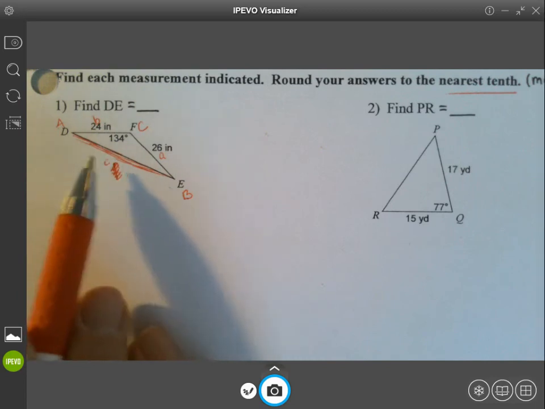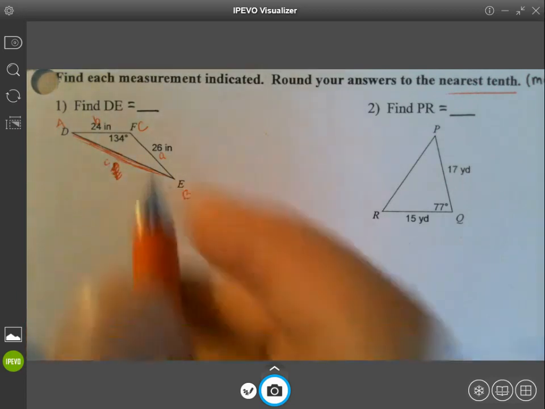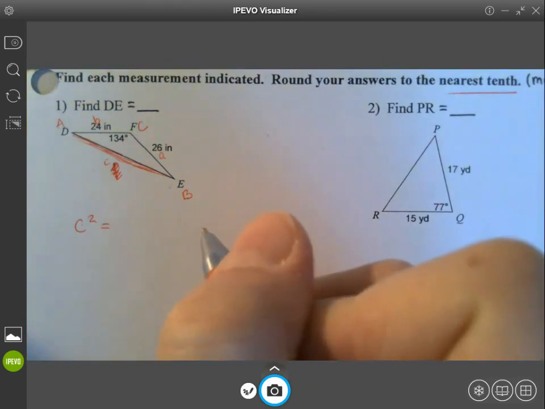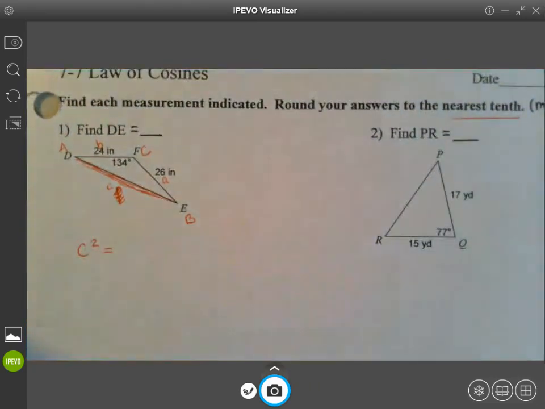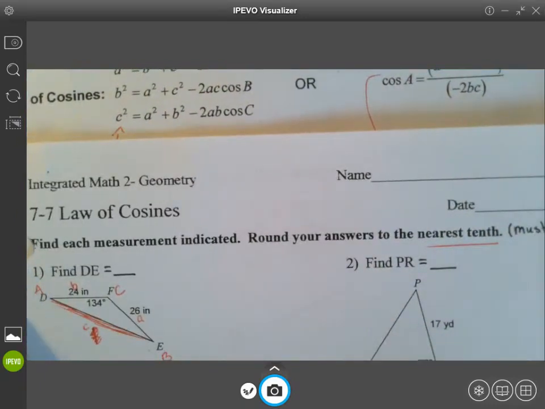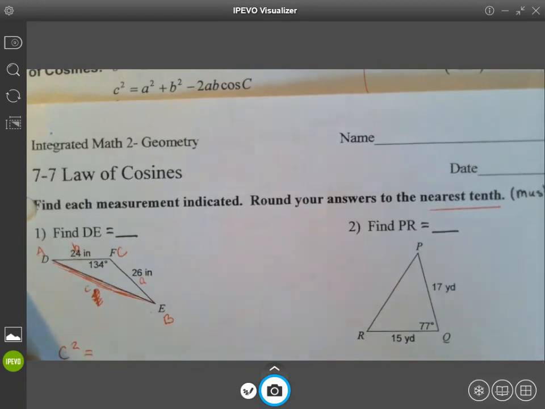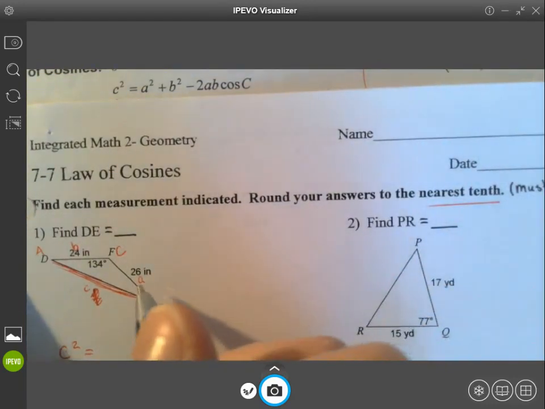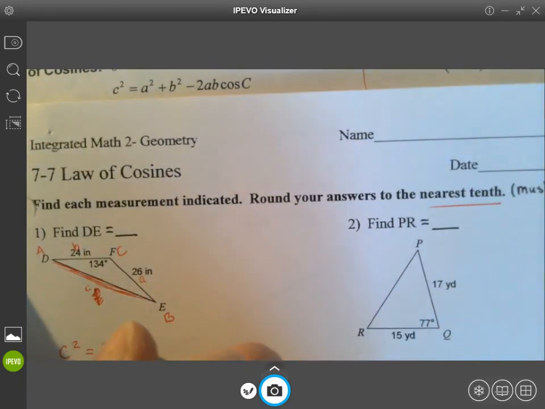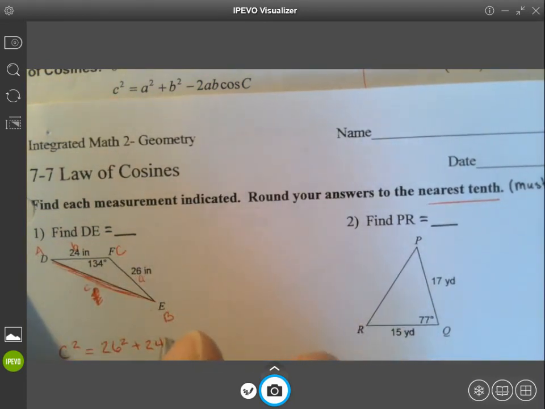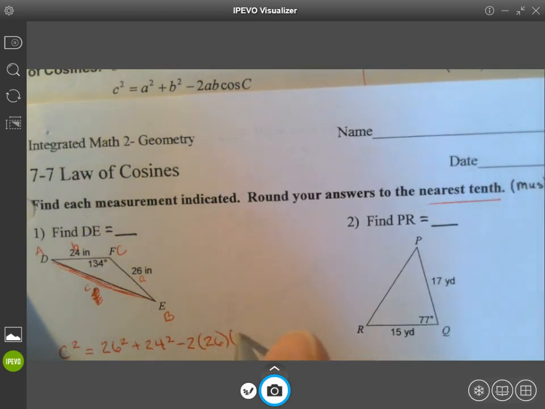So this side was called F. I renamed it C. So I am using, and you don't have to rewrite this, but let's just fill it in, I am using that formula, and for me, I called it C. See if I can squeeze it all in here. So it's C squared equals A squared, which is 26 squared, plus B squared, which is 24 squared, minus 2 times 26 times 24.